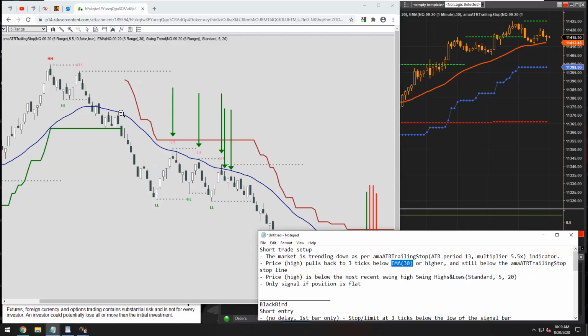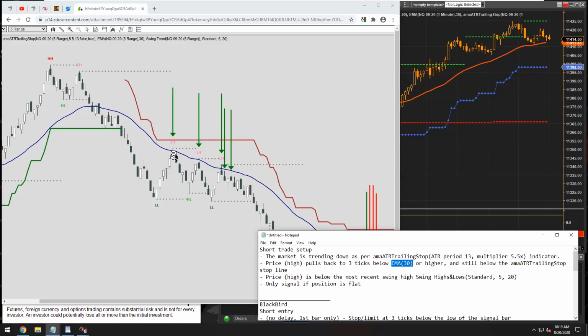So we can see that's either dark blue or black line here is the EMA 30. So price needs to get at least within 3 ticks underneath the EMA and not go past the ATR trailing stop line there.